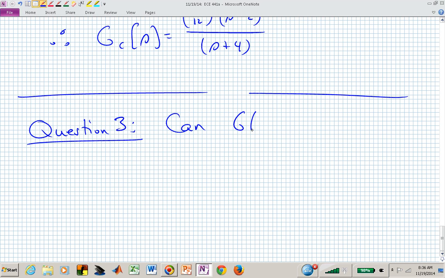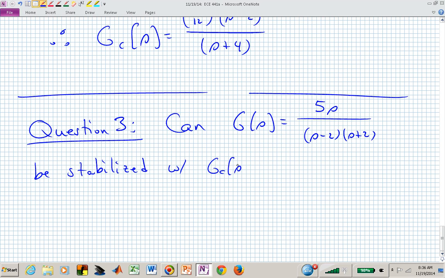Now let's say we have a plant, G of S, that's 5S over (S minus 2)(S plus 2). Can that plant be stabilized with G sub C of S equaling K, where K is again positive?